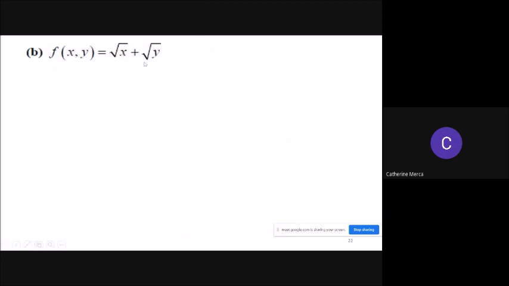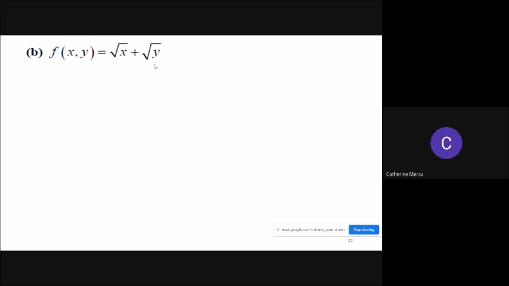Next, how about this one? Is it the same, x plus y again? No. What should it be? The x and y should each be positive. How do you rewrite it? Positive, and 0 is allowed. So x and y should be greater than or equal to 0.